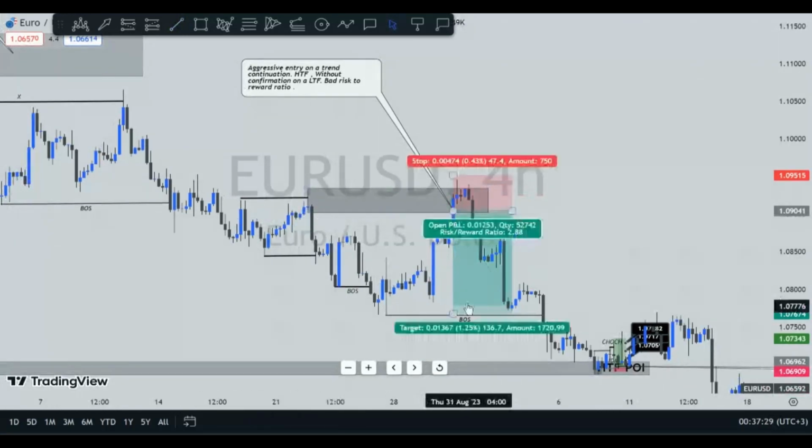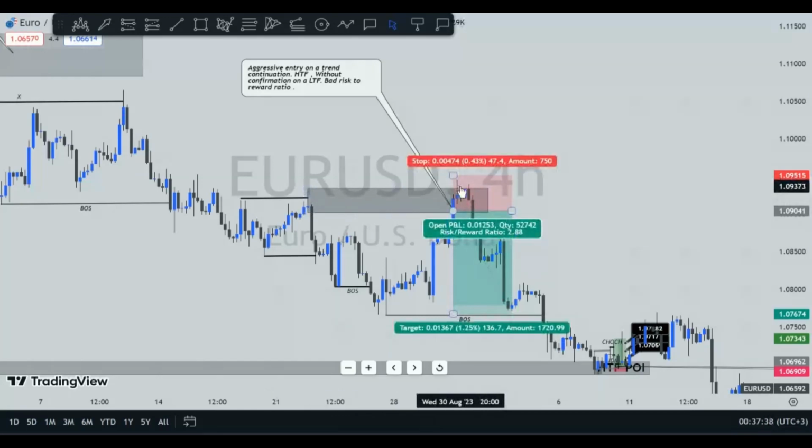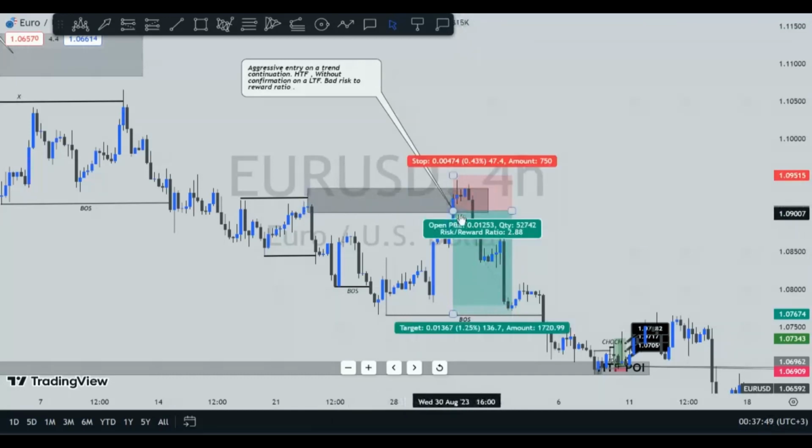Now price came, filled this order block, and then took out liquidity on this POI here.